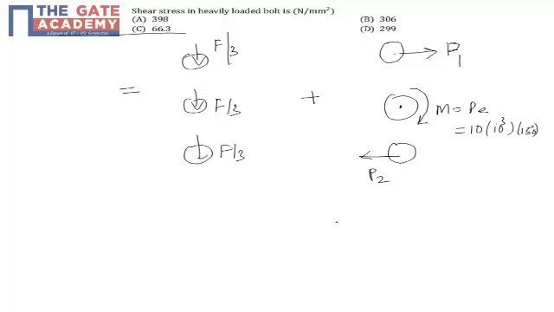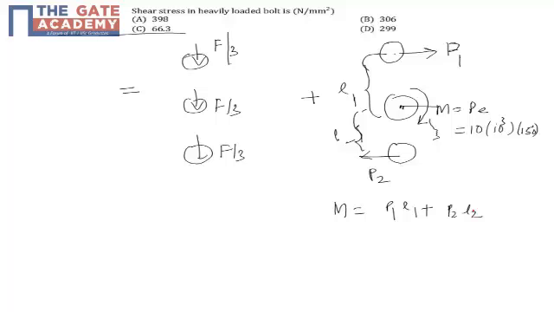There's a simple assumption that the moment caused by P1 at the center is P1 into this length L1, from the center of the bolt to the mid center, and this length is L2. P1 L1 is the moment caused by the top bolt, and P2 L2 is the moment caused by the bottom bolt at the center.